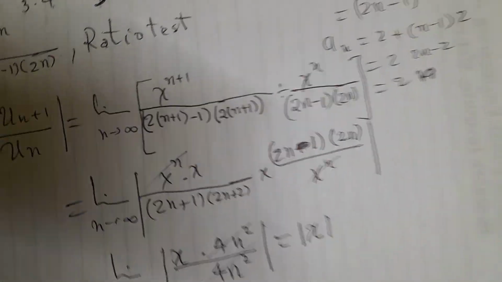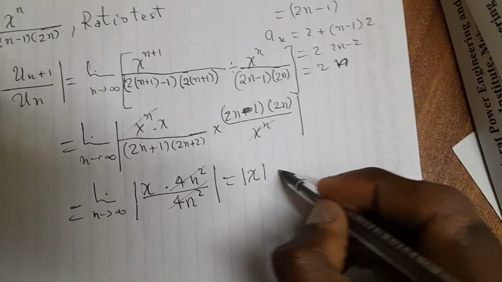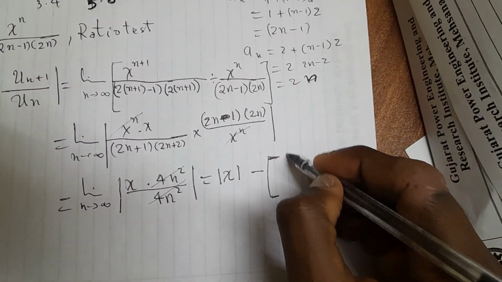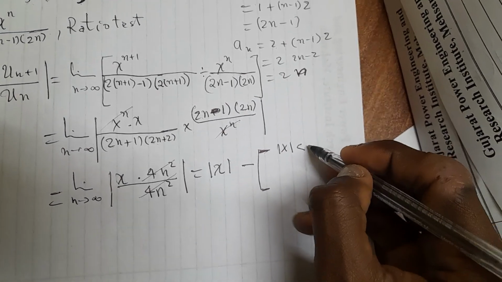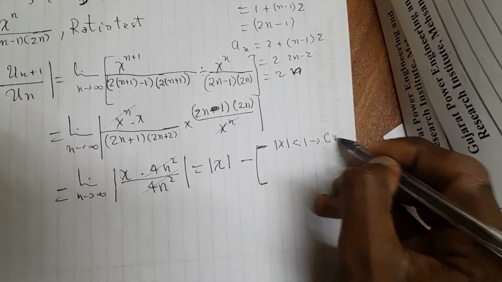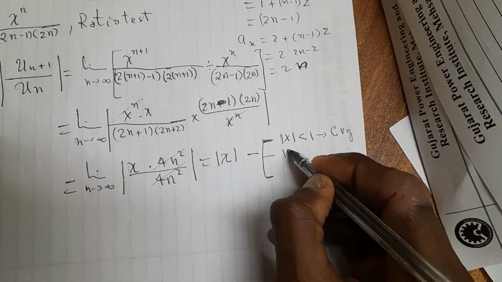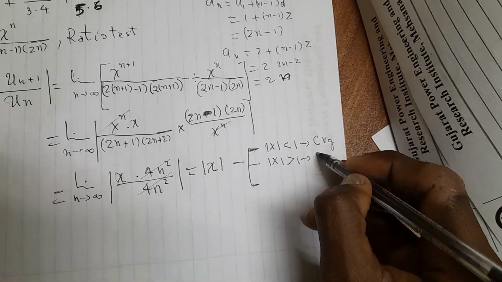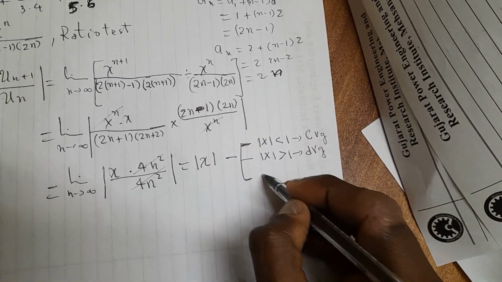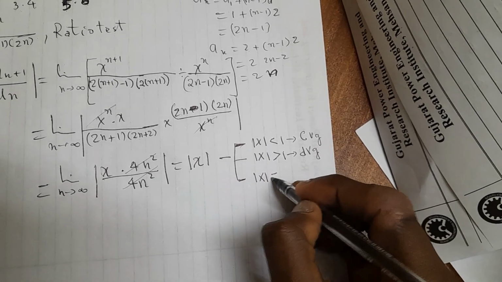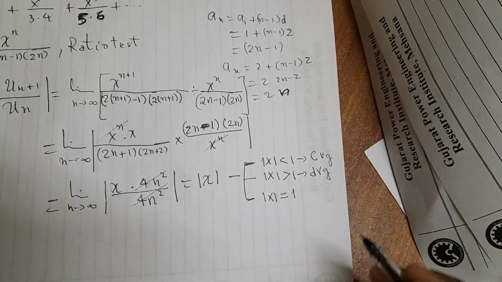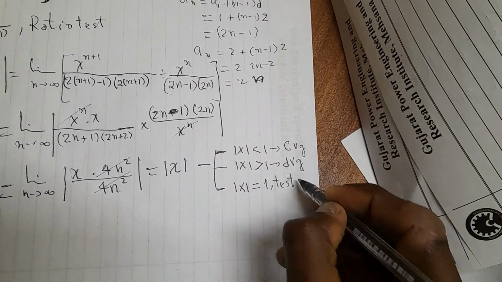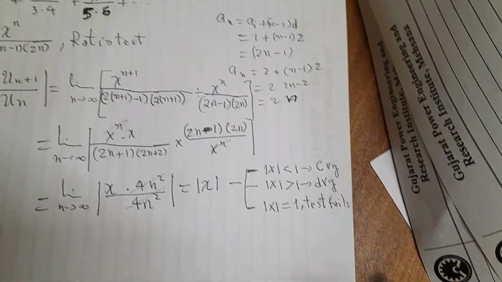So we know that for the ratio test, the absolute value of x must be less than 1 for the series to converge, and the absolute value of x must be greater than 1 for the series to diverge. And if the absolute value of x is 1, then the test fails.